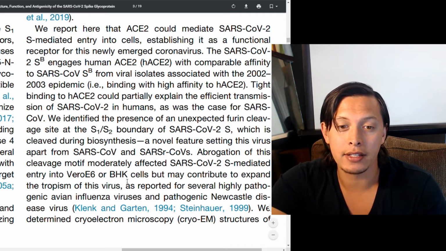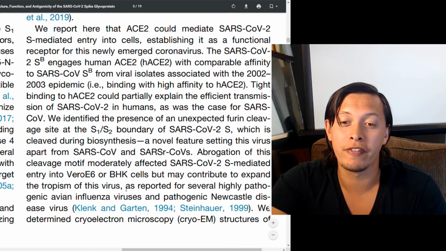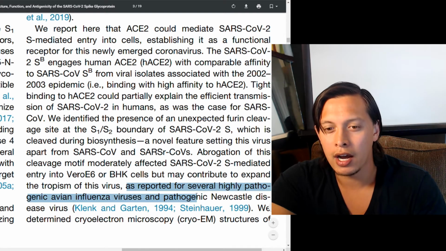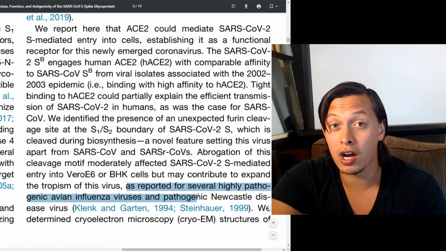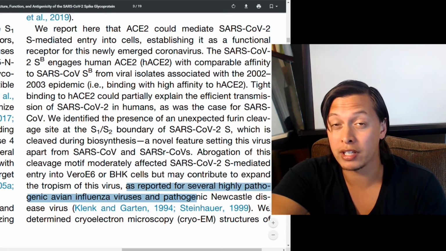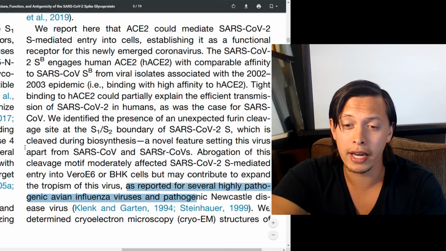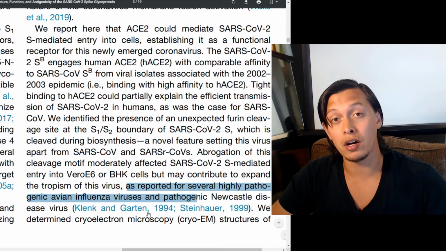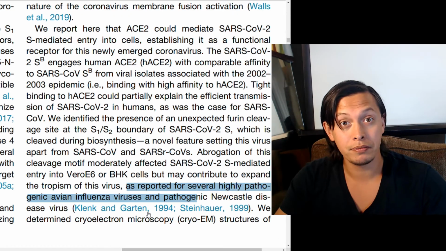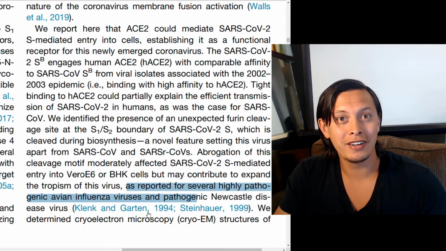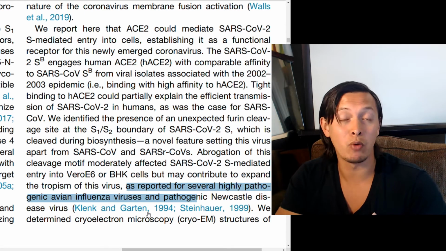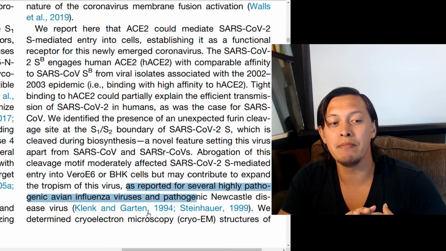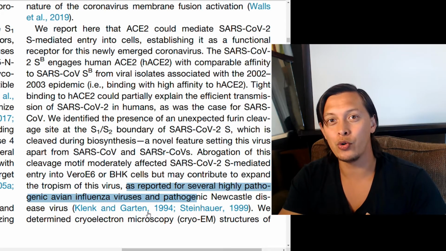And this is for a lot of highly pathogenic viruses. A lot of times they take advantage of this polybasic or furin cleavage site. The reason is, if you can infect all of the cells of a creature, then it is easier to not just make more virus, to duplicate more, but to spread to a lot of other places.